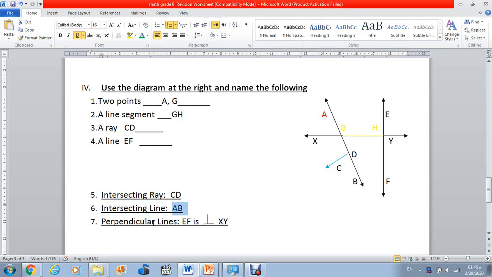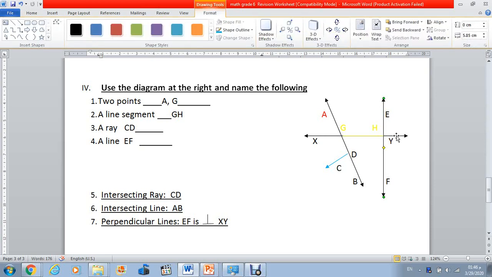Okay. Now what are the perpendicular lines we have here? We only have EF, which is perpendicular to XY. What do we mean by perpendicular? They have to make a right angle here.